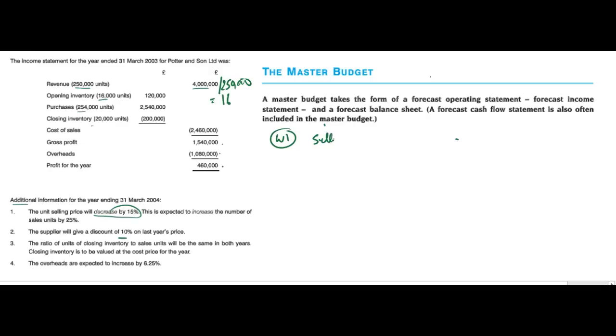So selling price 16, but of that, if you do 15%, you're going to get 2.4. And if you deduct this 2.4 from 16, the revised selling price is a little lower now, which is 13.6. That is your selling price.